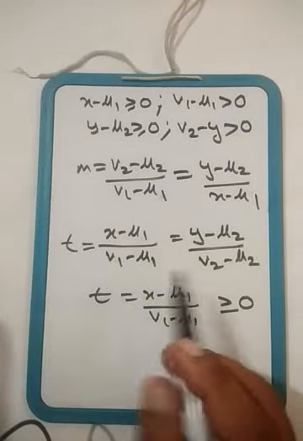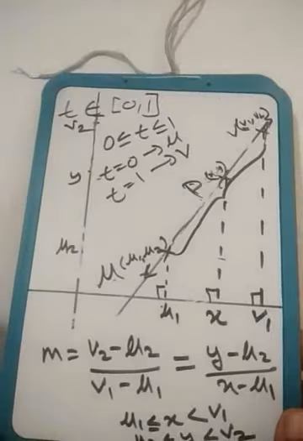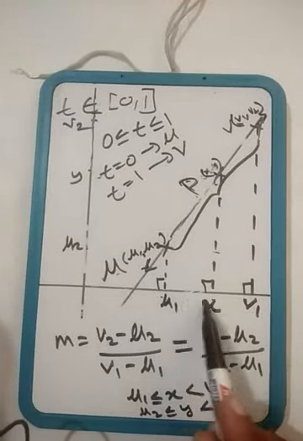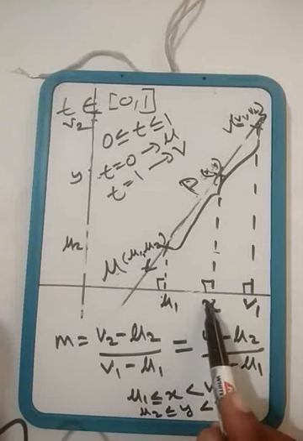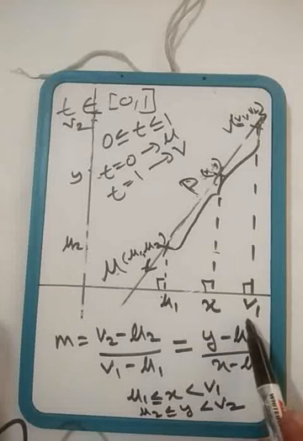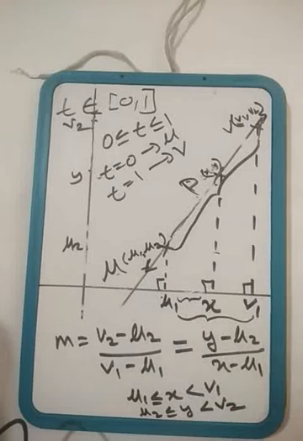And observe from the figure, what is this length? This figure, what we had over here. So this length is x minus u1, and this length is v1 minus u1. Okay, so this length is larger than this length.